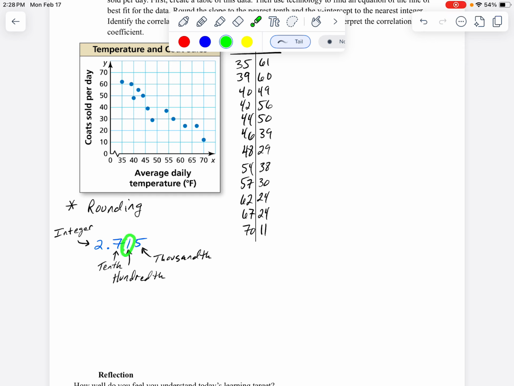Rounding to the nearest hundredth is the 2nd decimal place, and then this would be the nearest thousandth. If we were rounding to the nearest tenth, this would stay exactly what it is, because the number after it is a 1. If I was rounding to the nearest hundredth, this would get rounded to 2.72, because the number after that is a 5, so the 1 would get bumped up to a 2.